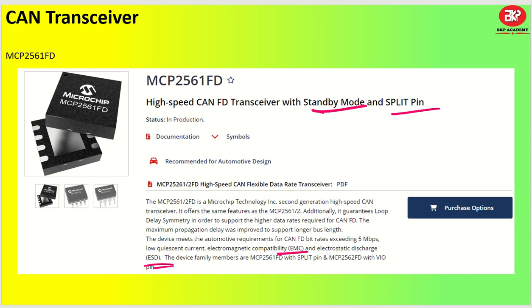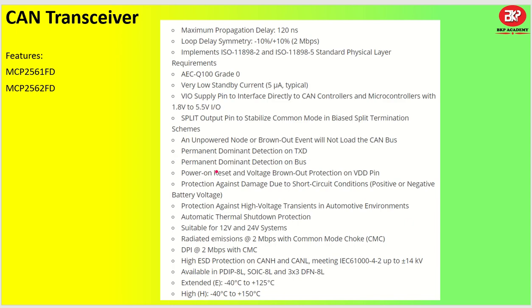Let us try to directly understand the different features of this particular CAN transceiver IC. It has a maximum propagation delay of just 120 nanoseconds. You can see this is very good. It has very good speed, going up to around 2 Mbps.